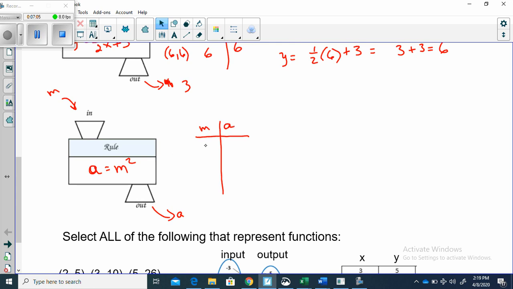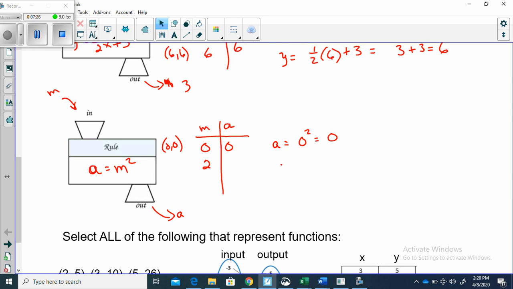Now, what if I put in a 0? A is equal to, and our equation is m squared. 0 squared is 0. So I know that I've got one coordinate that goes through 0, 0 if I plot this. What if I try 2?